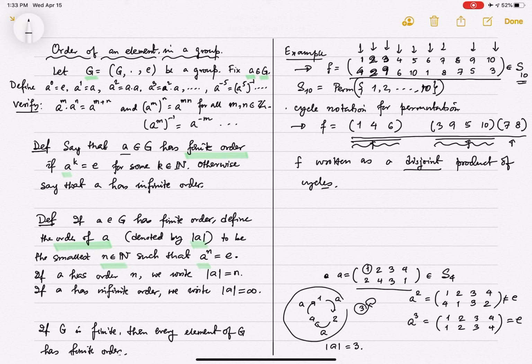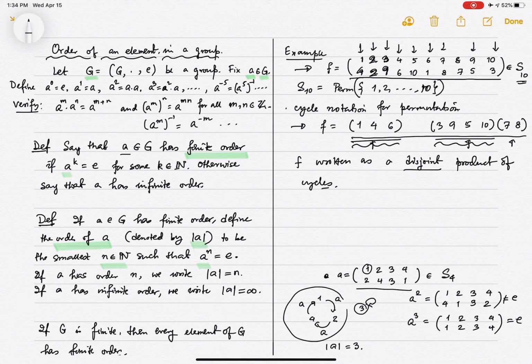At any rate, this is the cycle notation, and if you know the cycle notation, you can work out the order rather easily. You see, these 3 things, 1, 4, and 6, get permuted cyclically, whereas these 4 things, 3, 9, 5, and 10, get permuted cyclically. So 1, 4, and 6 come back to their original position after every 3 times.